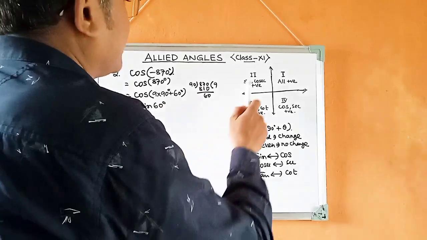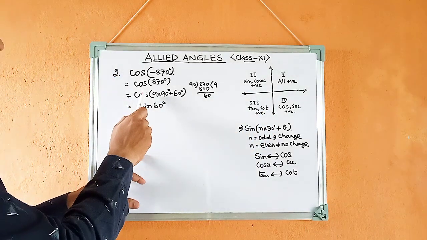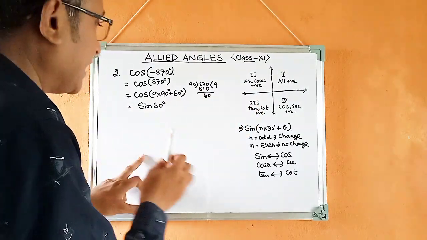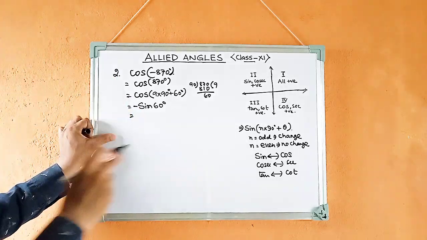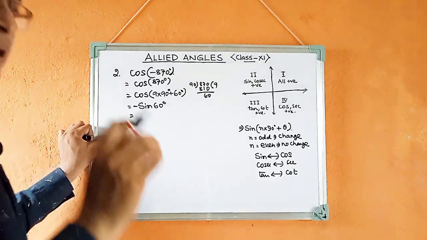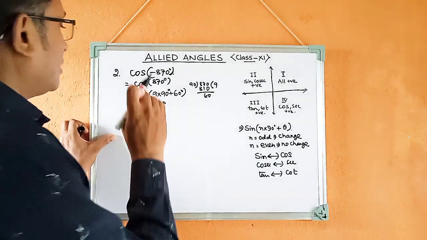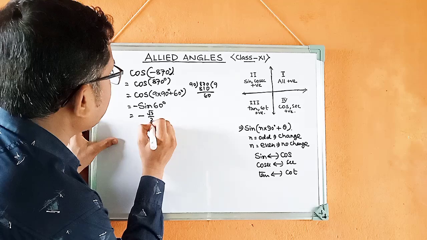So in the second quadrant, sine and cosec are positive, all the other ratios are negative. Here we are required to find the value of cos. So here cos is negative. So put a minus sign here. So minus sine 60 degree. Now what is the value of sine 60 degree? Sine 60 degree is equal to root 3 by 2. So minus root 3 by 2.